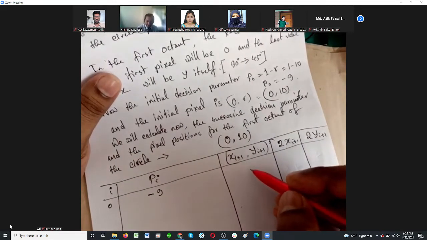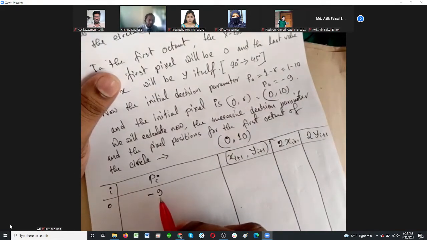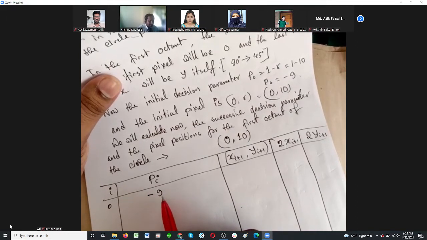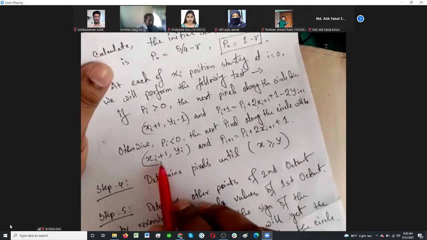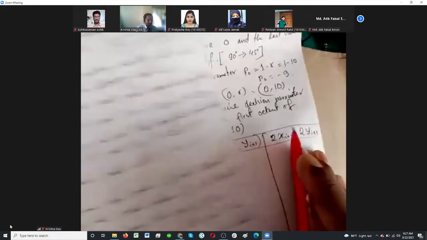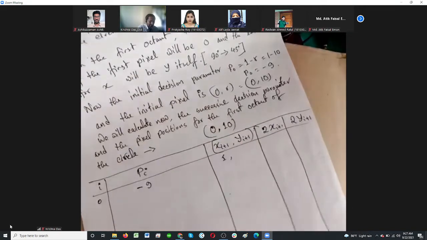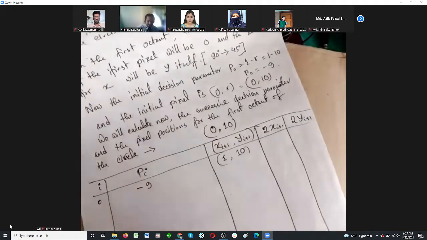So it comes negative, and if it is negative, or less than 0, then x is incrementing and y is the same, y is not changing. So 0 becomes 1, and the y coordinate value 10 stays the same. That gives us 1, 10.